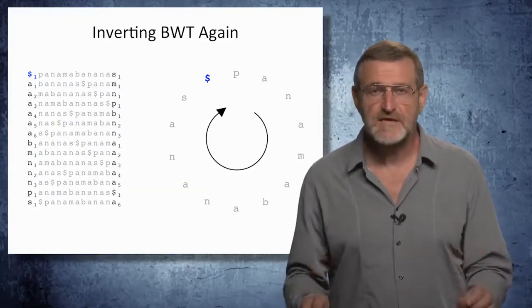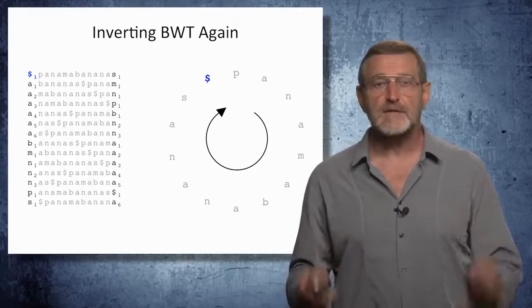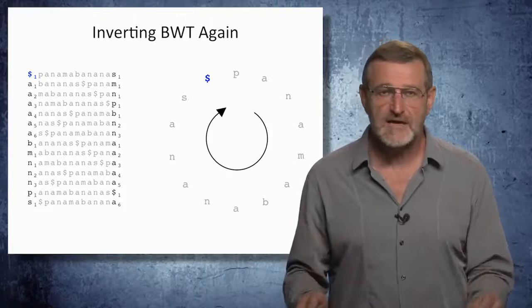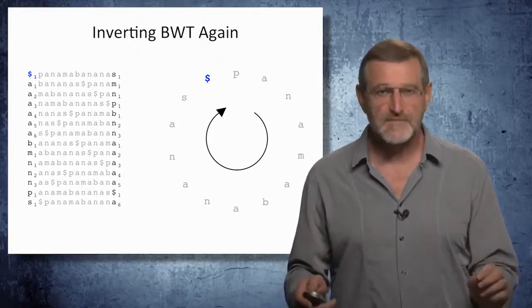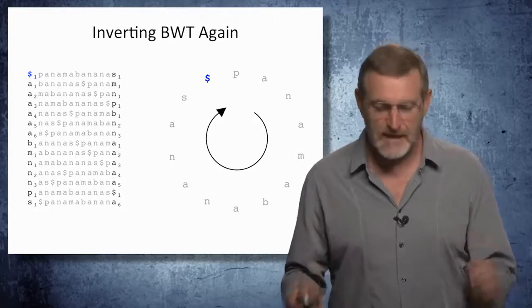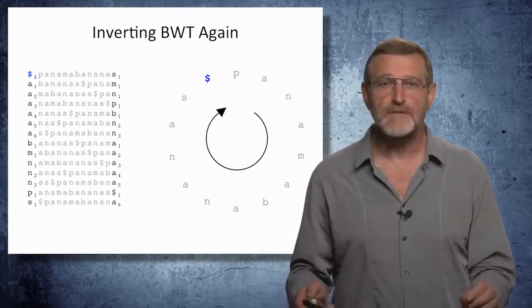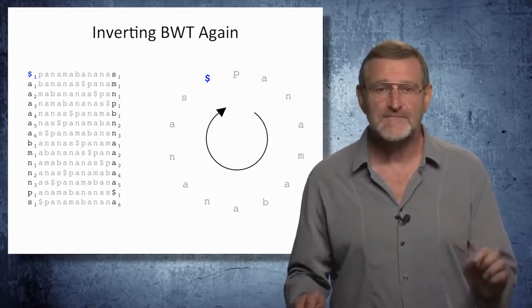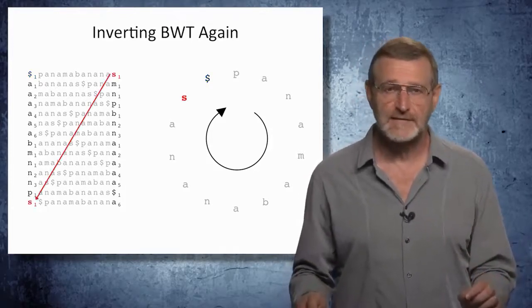Armed with the First-Last Property, let's try to invert the Burrows-Wheeler transform again. We start with the $ sign that is located in the first column and the first row. It corresponds to $1 in the last column. We know where $1 is located in the first column. Let's move there.